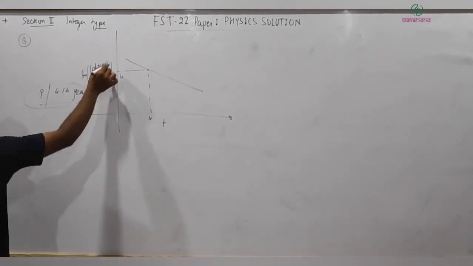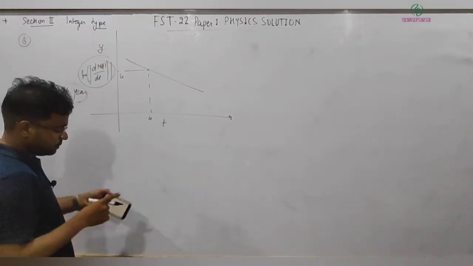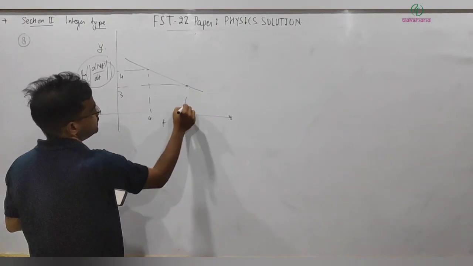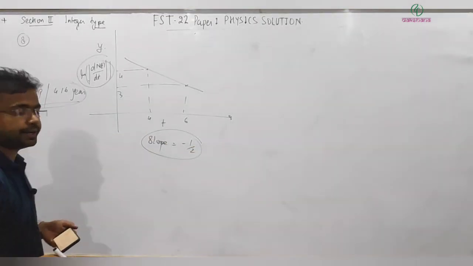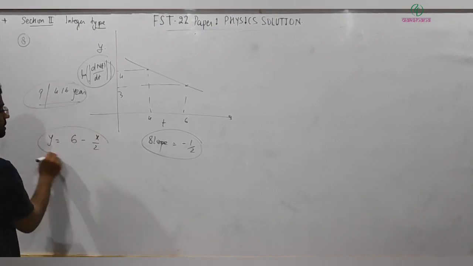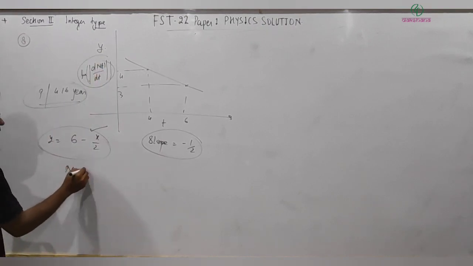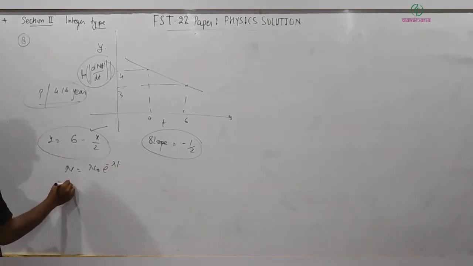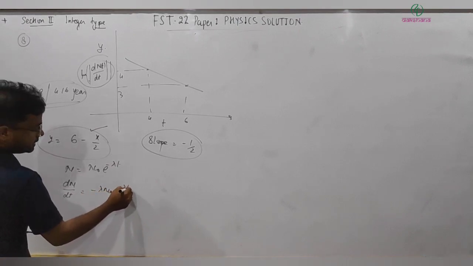If I take this as y, first we can write the equation of the line. According to the data given, as x increases to 3, y becomes 6, so the slope comes out to be -1/2, and y will be 6 minus x by 2 as the equation. Now N equals N naught e raised to power minus lambda t. Differentiating, dN by dt equals minus N naught lambda e raised to power minus lambda t.